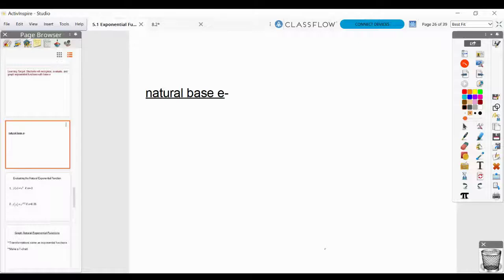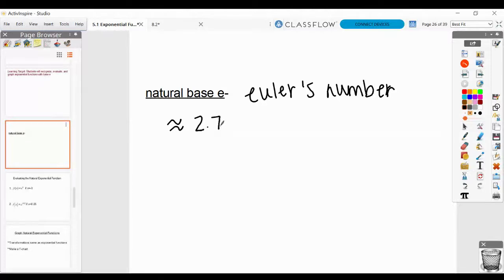Okay, we are going to move on to talking about the natural base e. This is considered to be Euler's number, and it is approximately equal to 2.7182818 and continues on.